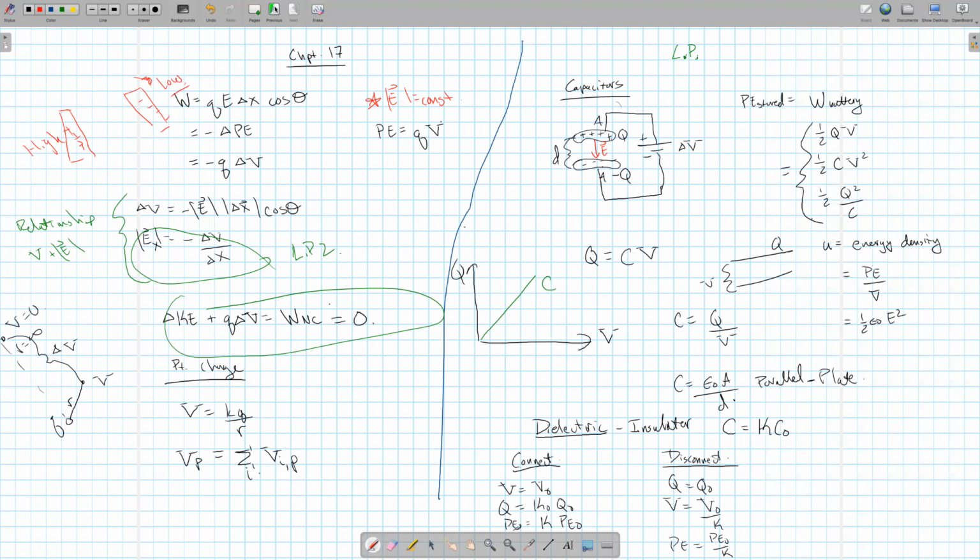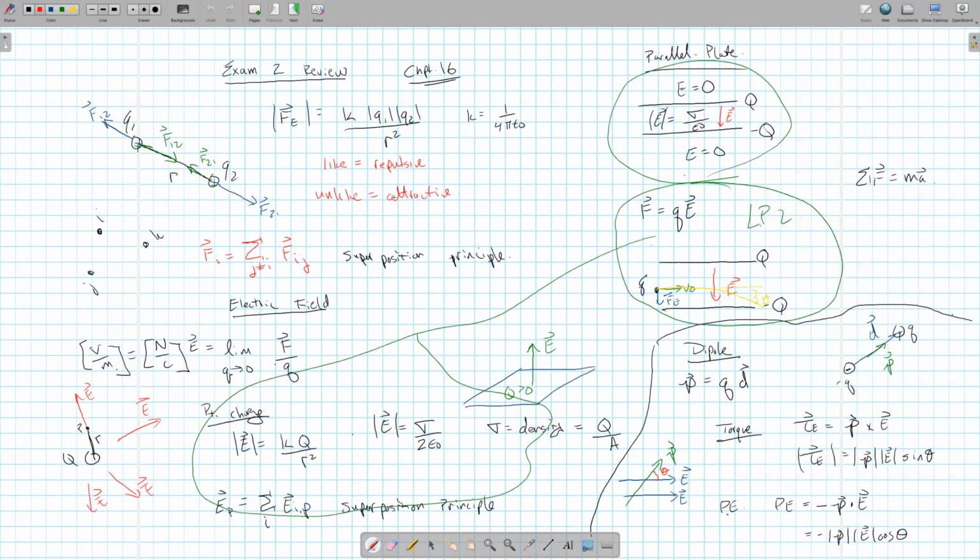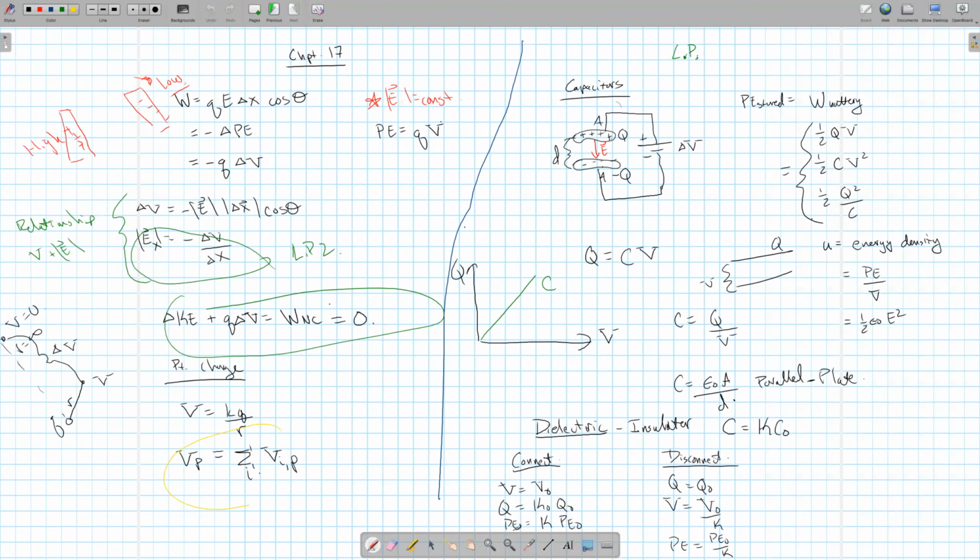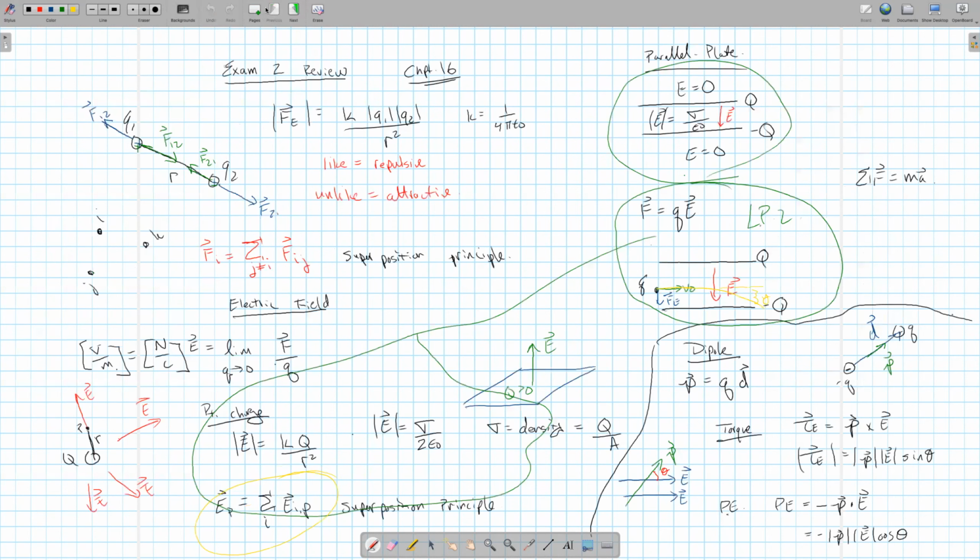And then basically everything else would fall into the short answer category. So short answer questions would be things like, given certain point charges, what is the total electric field at a particular point? So again, superposition, also superposition for this one. If I give you a configuration of point charges, I can ask you what's the electric field at a particular point, what's the potential at a particular point, et cetera.